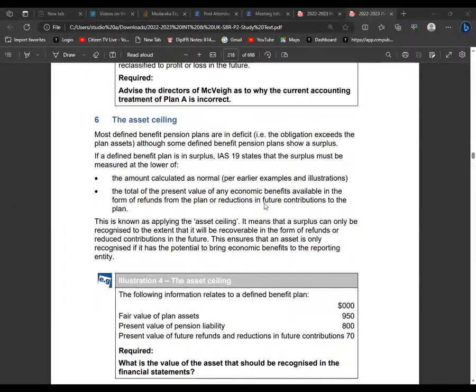Many organizations, including governments globally, are struggling with pensioners. It will always be, in most cases, a pension net obligation. But if it goes the other way around and you get a very rich pension scheme, which has got a net asset, that net asset has to be capped.